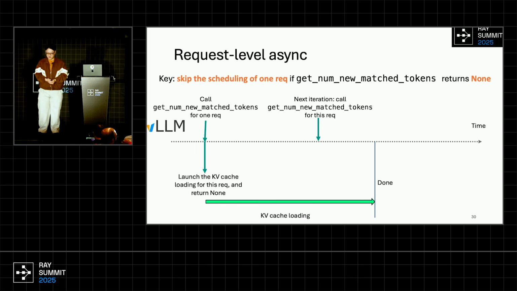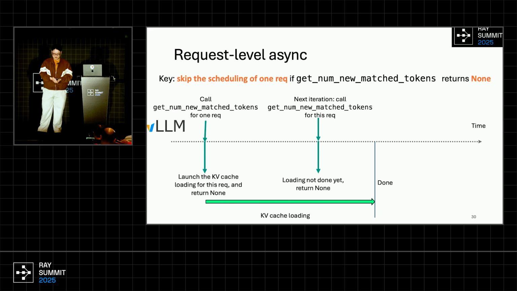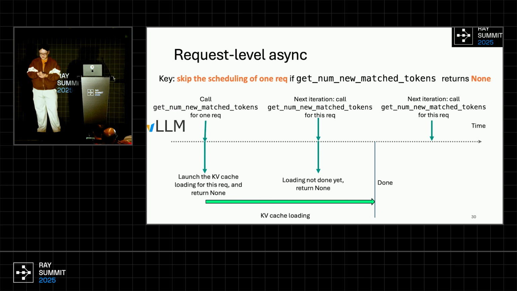Then in vLLM's next iteration, it will call the scheduling API again, and because the loading is not finished, it will still return null. At the next iteration, it will call this API again, and now, because the loading is finished, we return the actual number of tokens hit inside LMCache. After this, vLLM knows there's an external prefix cache, and it can load it and let it participate in the request execution.